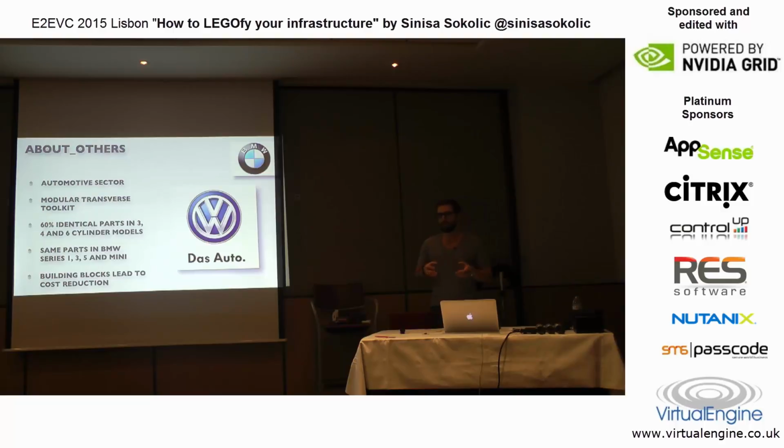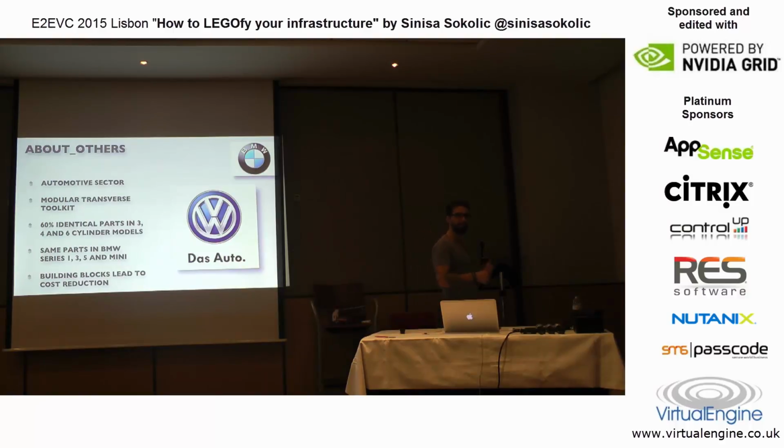you need to think about how you can reuse parts without every time reinventing the wheel to create a new car. BMW, for example, is trying to use 60% identical parts in 3, 4, and 6-cylinder models. This also means you don't need to recreate every single part if you want to build another motor. When I was a young boy, BMW had the 3, 5, and 7 series, I think.